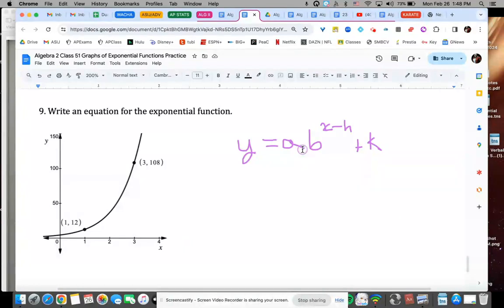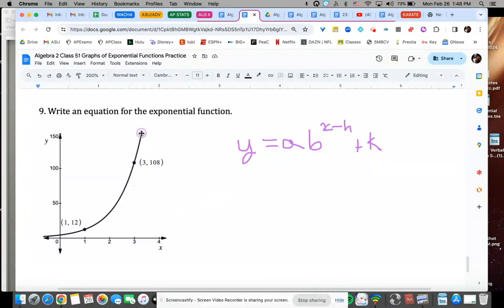It's tempting to say that I know what A is, but I don't, because I can't really see what that y-intercept is. And on top of that, the A is not really that y-intercept anyway. Remember, A plus K, and then also it gets shifted left or right. So the K, the H, and the A all play a role in where the points go and where the y-intercept is.